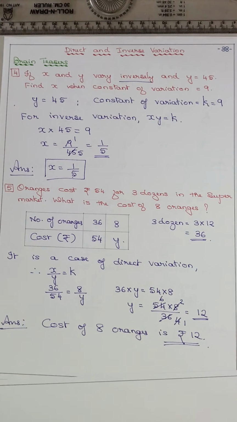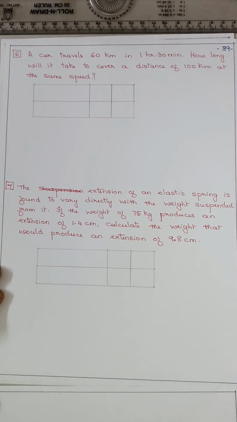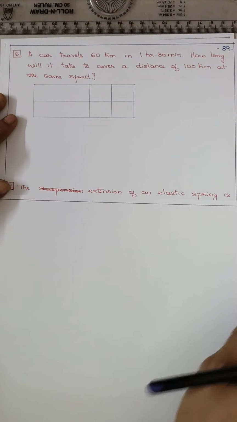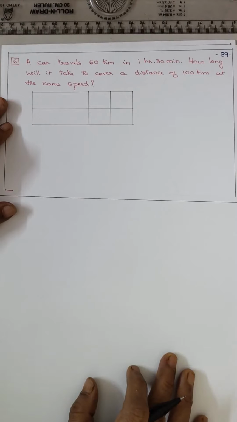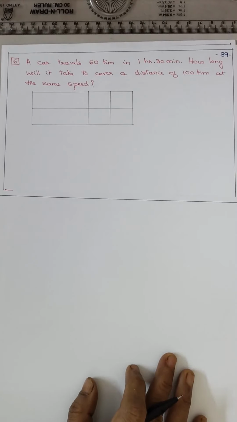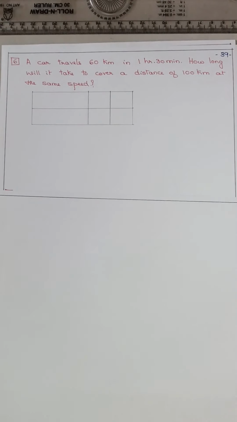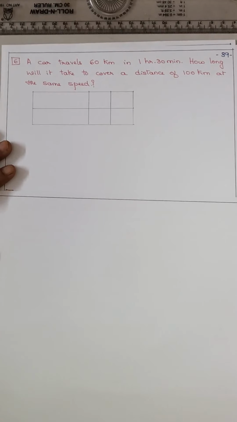Now coming to the 6th question. A car travels 60 km in 1 hour 30 minutes. How long will it take to cover a distance of 100 km at the same speed? Here the speed is same and the distance and the time, isn't it? So, no need of conversion, kilometer per hour, वो सब नहीं है.